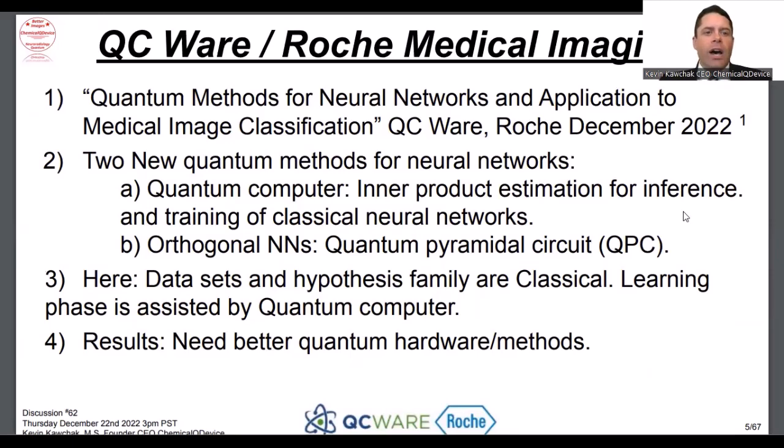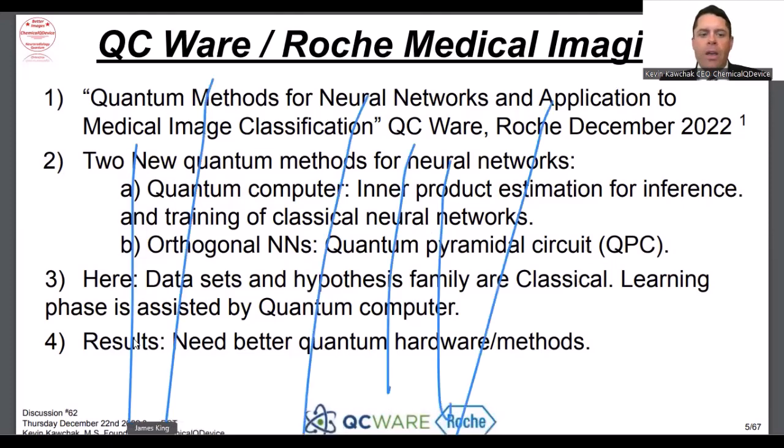But nonetheless, the two new things with it are the quantum computer for inner product estimation, for those that are in medical, and these quantum pyramidal circuits, which are kind of new discoveries in quantum. They're basically saying datasets and hypotheses are classical, so these are hybrid approaches. And then you also have learning phases assisted by the quantum computer.